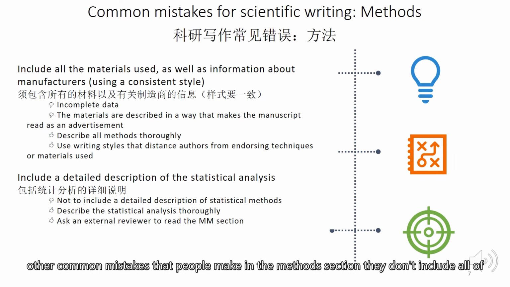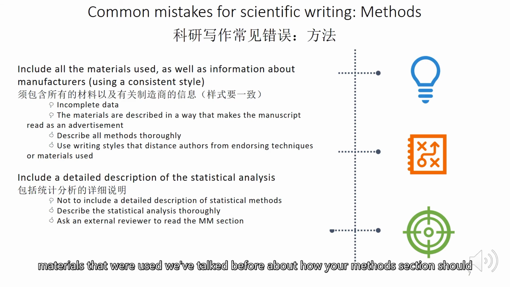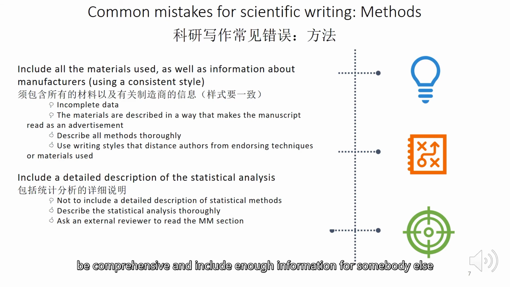Other common mistakes that people make in the methods section: they don't include all of the materials that were used. We've talked before about how your methods section should be comprehensive and include enough information for somebody else, a qualified worker, to be able to repeat your study. So include all the materials you used as well as information about manufacturers, using a consistent style.